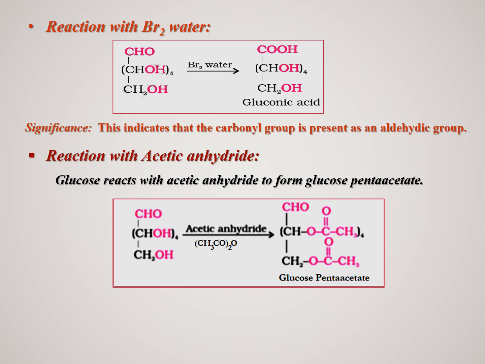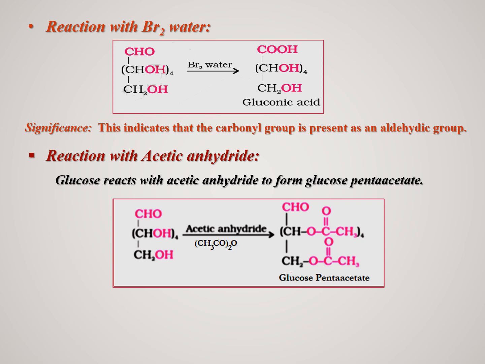It is the COCH3 group. You can observe the COCH3 group 4 times. And if you observe CH2OH, this hydrogen is getting substituted by an acyl group, which is the CH3CO group.